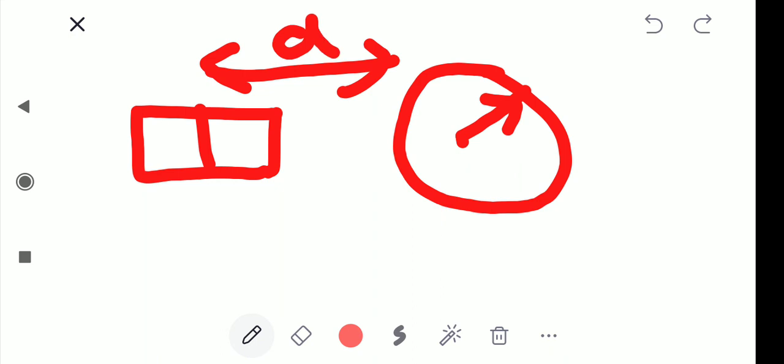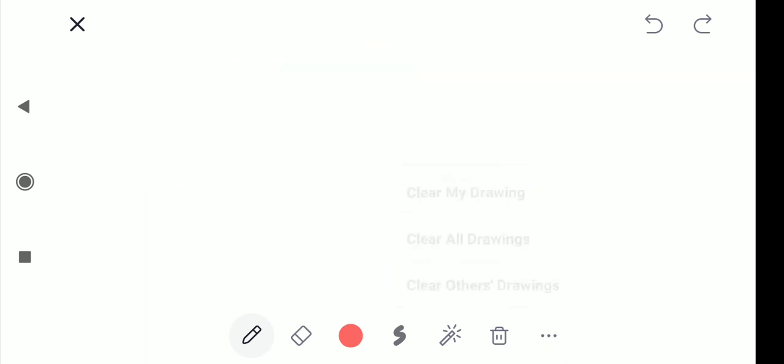A separation D is there, and still some force exists. So that's why we call them non-contact forces, or field forces, or forces at a distance.